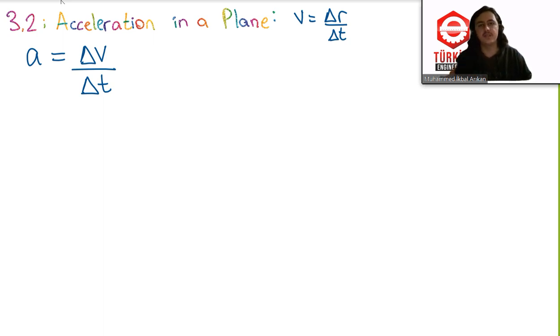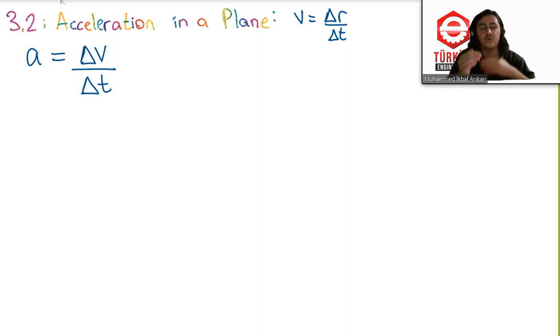What about the acceleration? Acceleration is giving the rate of velocity change. If you are changing your velocity, you must have an acceleration. But what is your acceleration magnitude? Your acceleration magnitude will change your rate of velocity change. So if you have more acceleration, that means your velocity is changing by a big amount.